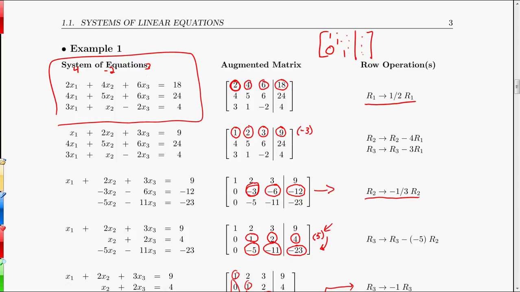If we put those variable values into the second equation, I'd have 16 minus 10 plus 18, which is 24. Check.